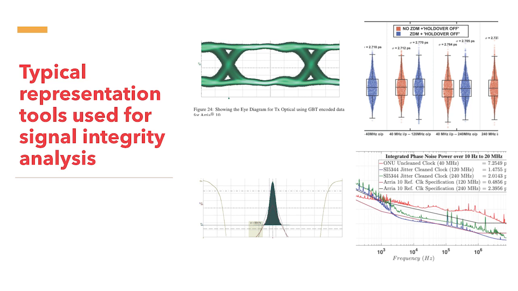Every time you go from one clock domain to another, one hardware to another hardware, there is a transition, jitter noise is added, and in between you need to put some kind of jitter cleaner. That is shown in this graph, how a jitter cleaner drastically improves the signal quality. So this slide just gives you the signal integrity analysis that is needed for this type of system to be built.